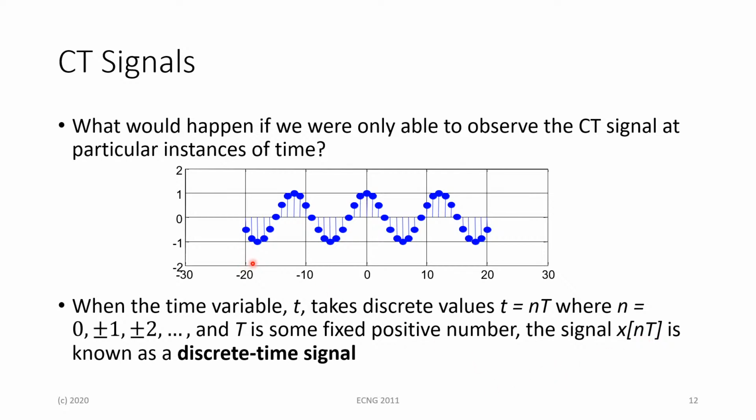So for instance, if we wanted to know what x of 0 is for this signal, we'll be looking at the first instance, being our 0th instance here, to observe what the value is. Then x of 1 will be this instance here, x of 2, x of 3, x of 4, x of 5, and so forth.